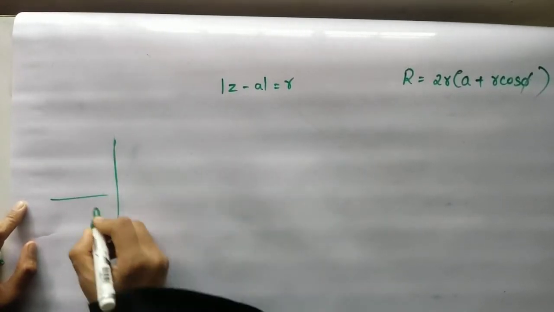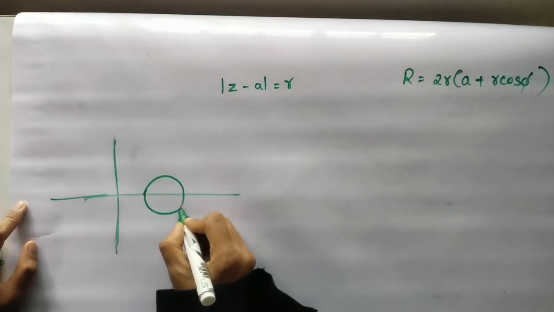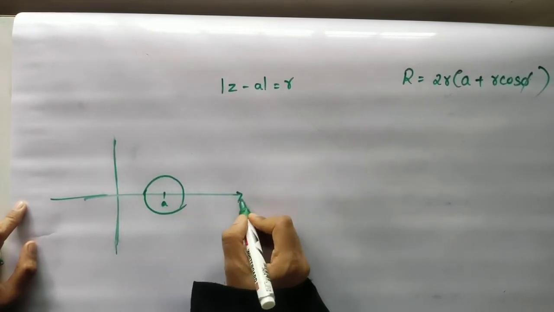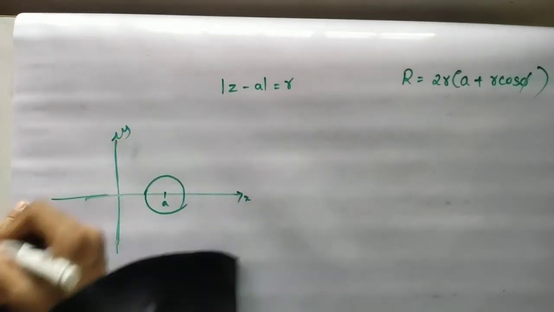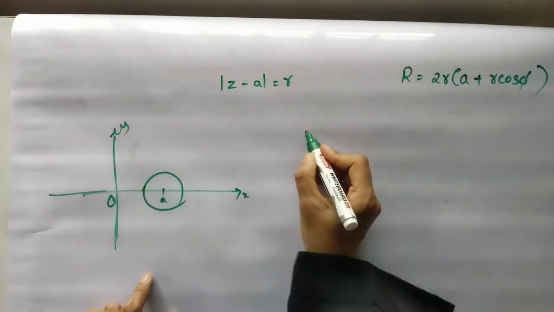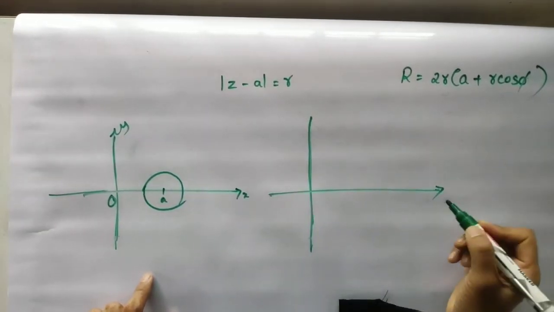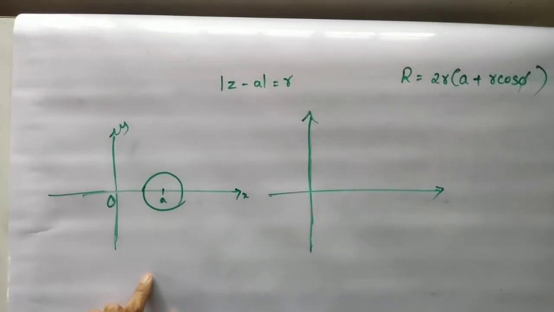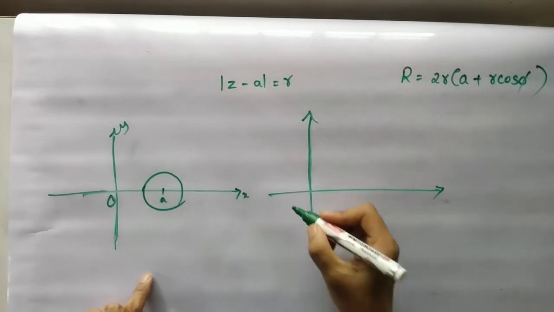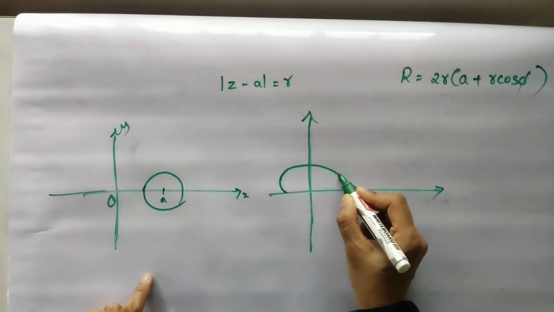One minute. Let this be A over here. This is the x-axis, y-axis, in the Z plane. Now what happens under the transformation W is equal to Z square in the W plane, how it looks, I'll show you here. So the limaçon will be like this.